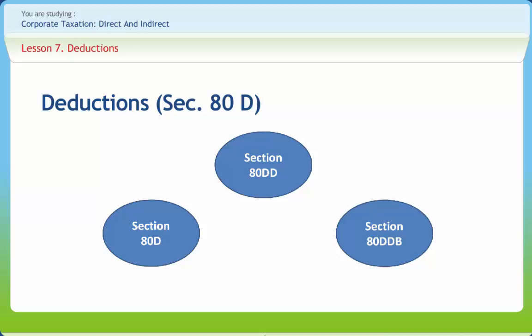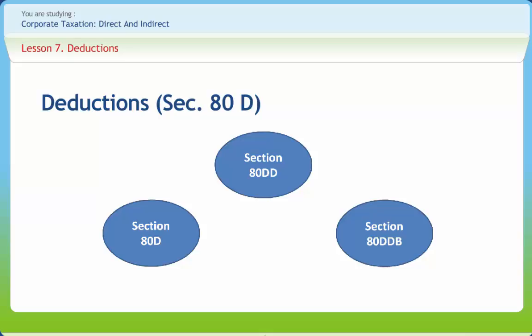The deductions available are: in computing the total income of an assessee being an individual or a Hindu undivided family, there shall be deducted such sum as specified in subsection 2 or subsection 3, payment of which is made by any mode other than cash in the previous year out of his income chargeable to tax.